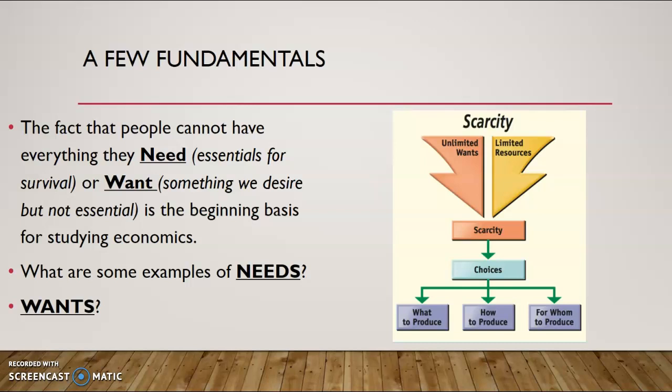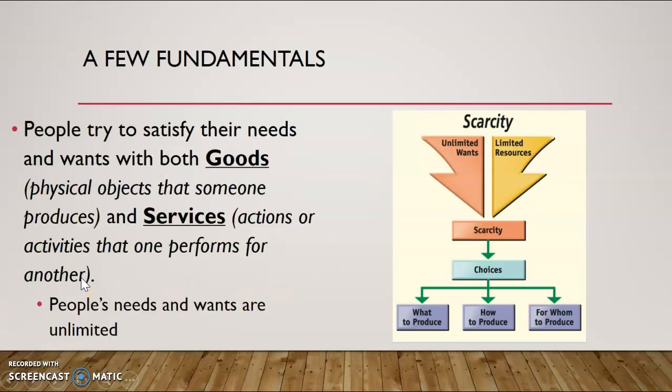But the fact that those needs and wants are typically unlimited is kind of the beginning basis for scarcity and the beginning basis for studying economics. So when we're in person and we have another meeting, we'll discuss examples of needs and wants, and we'll discuss situations that make wants seem like needs, but we'll get into that at another time.